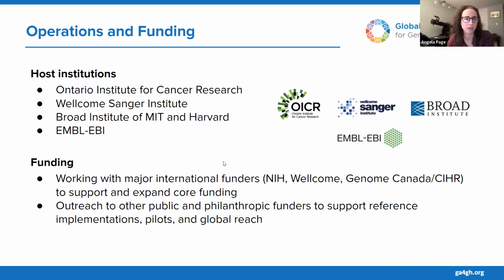So these are our host institutions. GA4GH is hosted by 4 international host institutions: Ontario Institute for Cancer Research, Wellcome Sanger Institute, Broad Institute of MIT and Harvard, and EMBL EBI, and we have an international core funders forum with funding to support our activities on Secretariat from NIH, Wellcome, Genome Canada, CIHR.